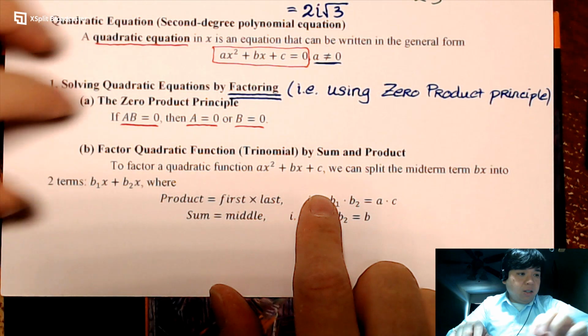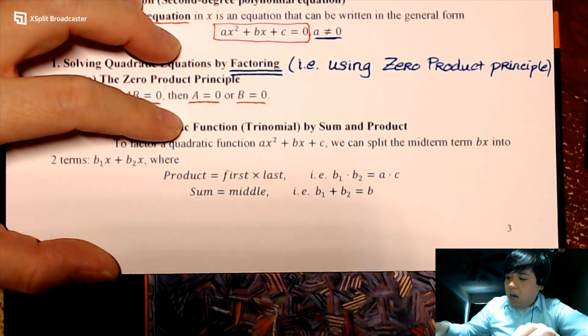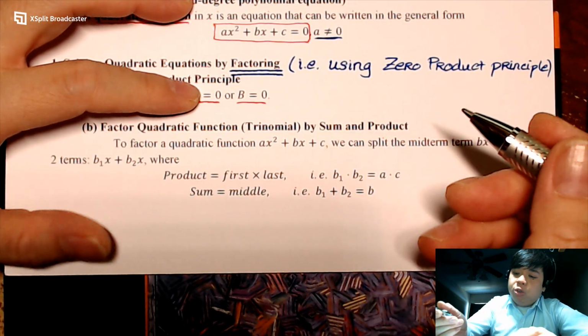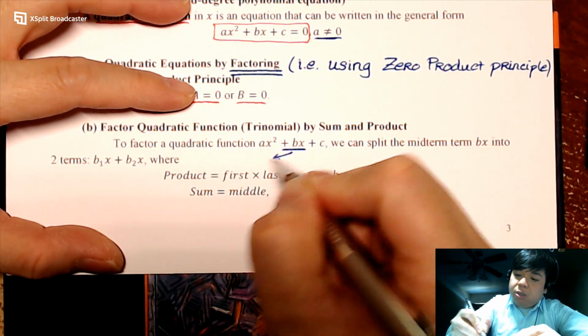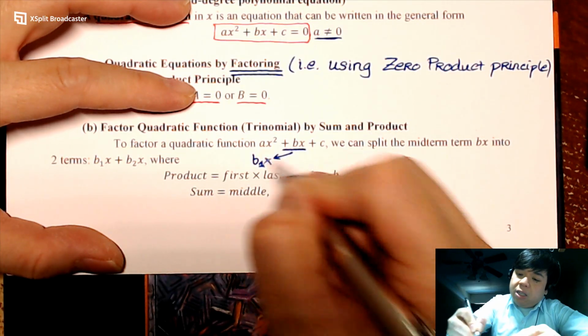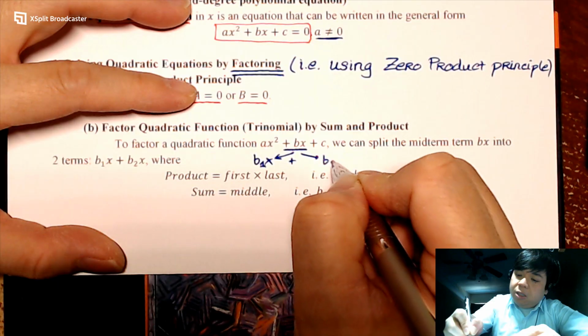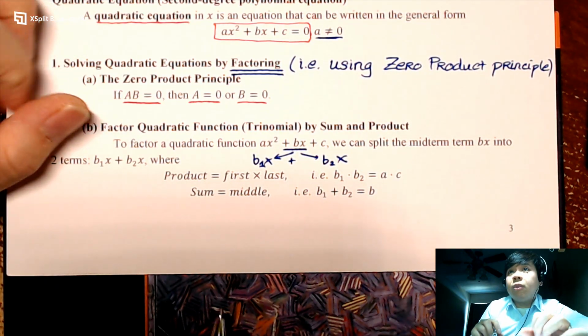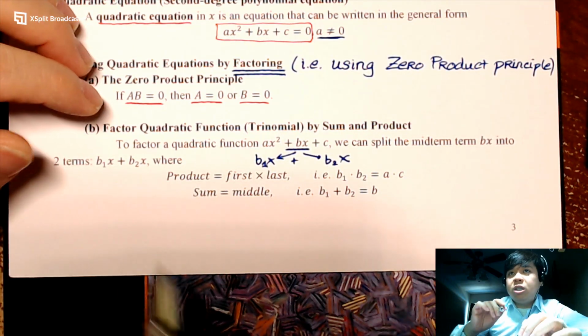Now, how do we factor? To factor ax squared plus bx plus c, we use factor by grouping. We need to split the middle term into two terms, b1x and b2x. And why do we do that? I'll say in a minute.